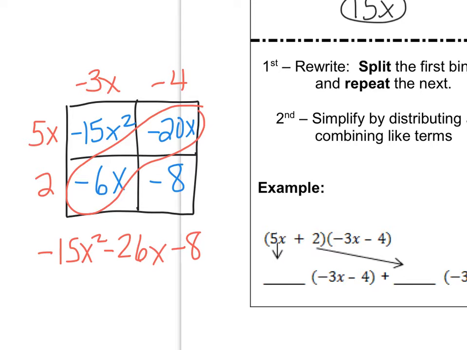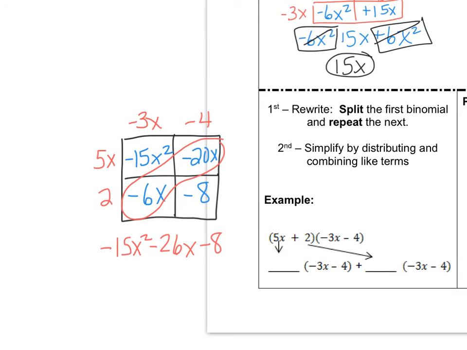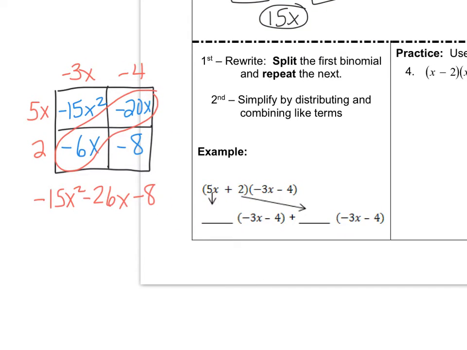Let me show you how this works with the algebraic shortcut of distribution. Pretty much all we're doing in our area model is it's almost like 2 stories. The first story, or the top story, I guess that's really the second story, is our 5x being multiplied by the negative 3x and the negative 4.